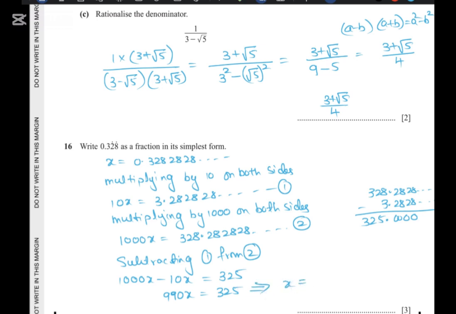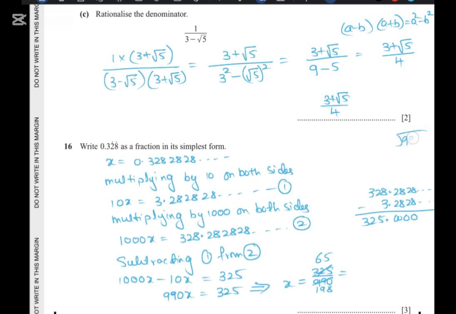Doing the transposing method, we get 325 by 990. Now cancel out with numbers, like you can cancel by 5. 5 6s are 30, 5 5s are 25, 5 1s are 5, 5 9s are 45, 5 8s are 40. You can divide and find out, students, if you can't do the cancellation in this way.